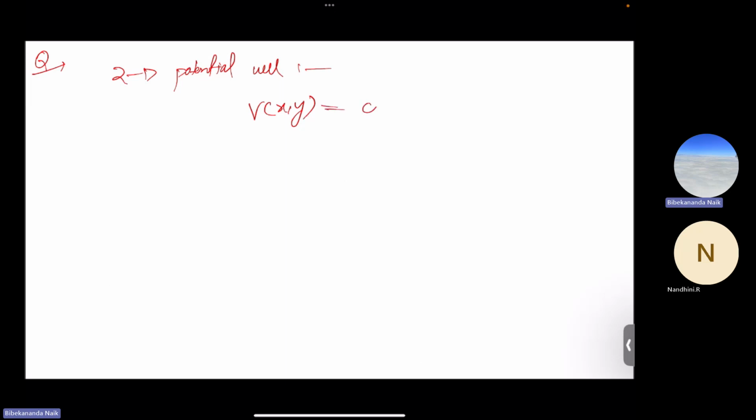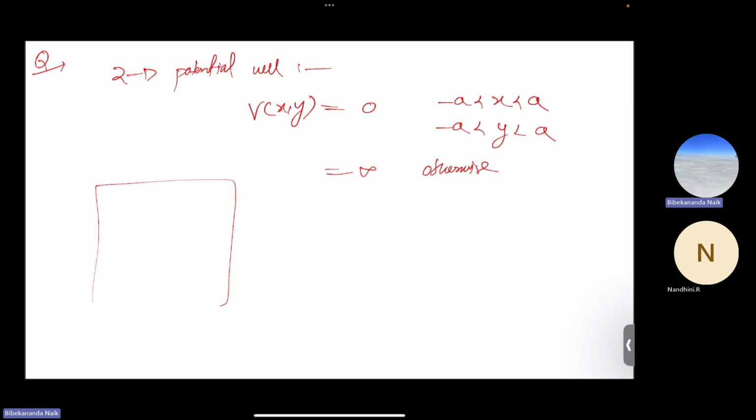So the potential is 0 for x from minus a to a and y from minus a to a, and is infinite otherwise.